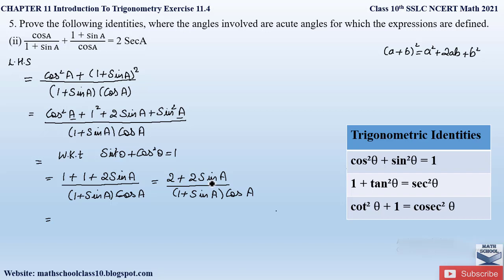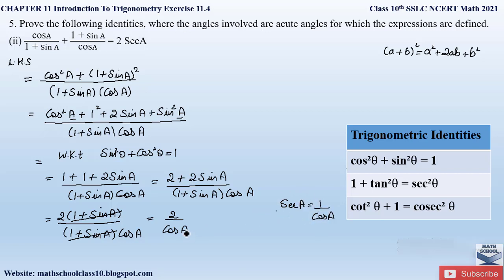In the numerator, let us take the common, that is 2. So if you take out 2 as common, we will be left with 1 plus sin A. So it is 2 into 1 plus sin A divided by 1 plus sin A into cos A. So here in the numerator we have 1 plus sin A, which will get cancelled with the denominator 1 plus sin A, and you will be left with 2 divided by cos A. But we know that secant A is equal to 1 by cos A. So this relationship we are going to apply here.